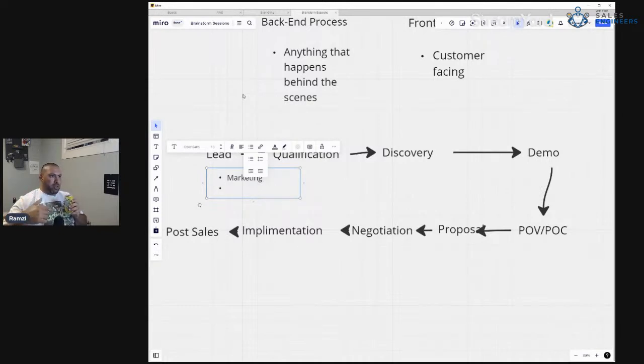Like someone does a webinar, someone writes a white paper, and Salesforce has a bunch. If you look at HubSpot, it has a bunch of white papers, like here's how you should do marketing, here's how you should do sales process and all that.